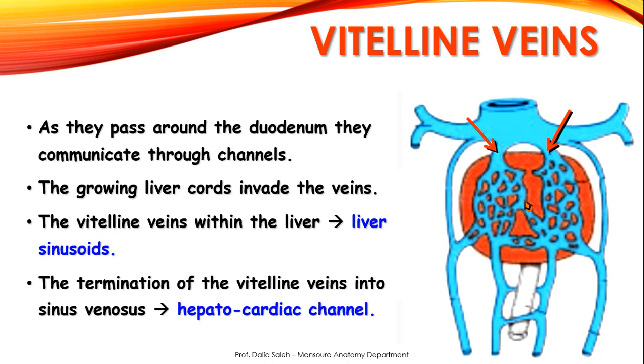Then the liver sinusoids will collect again into two channels that communicate the vitelline vein to the sinus venosus. We call them the hepatocardiac channels. So we have right hepatocardiac channel and also left hepatocardiac channel.